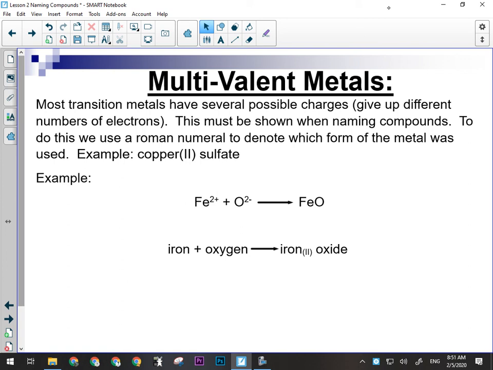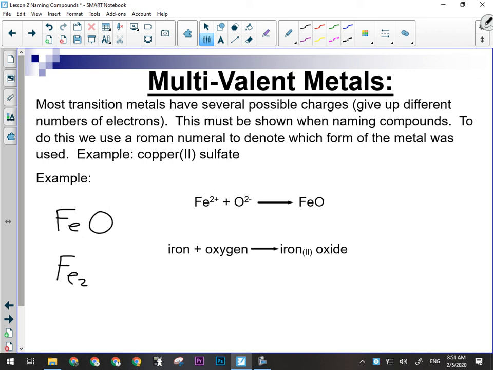So the example I'll give you here is if I have these 2 compounds, FeO and Fe2O3. Iron is a multivalent metal. In a reaction, it can lose either 2 electrons or 3 electrons.